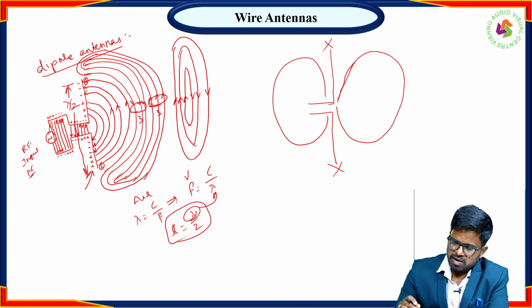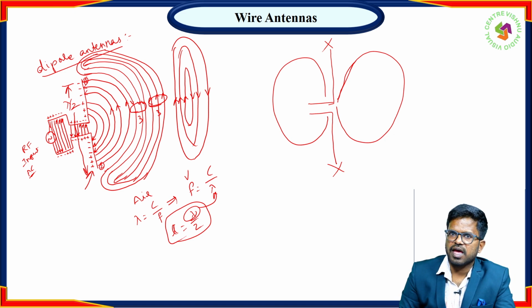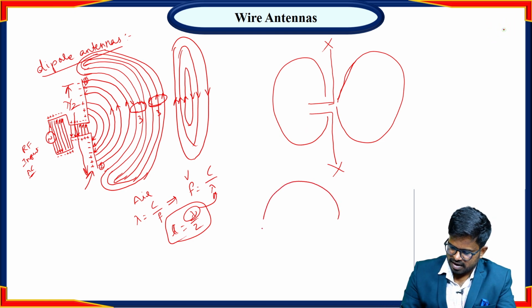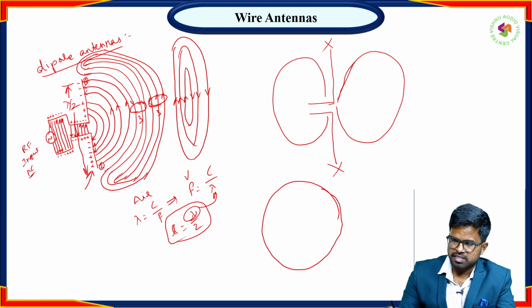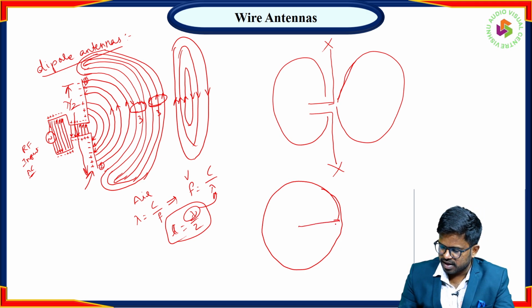Okay, with the same dipole antennas, if you want to improve the gain, what is happening now is that dipole antennas are radiating in all directions except to top and bottom. If you take the horizontal plane, they are radiating in all directions. So when the antenna is radiating in all directions, they can radiate the signal up to a certain range only.